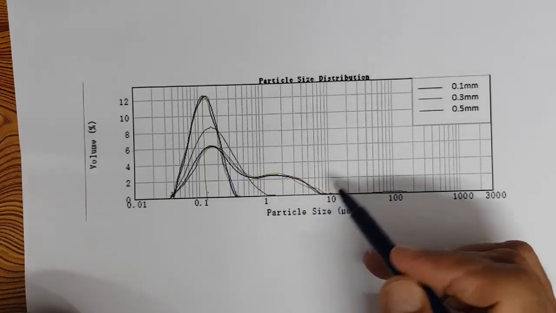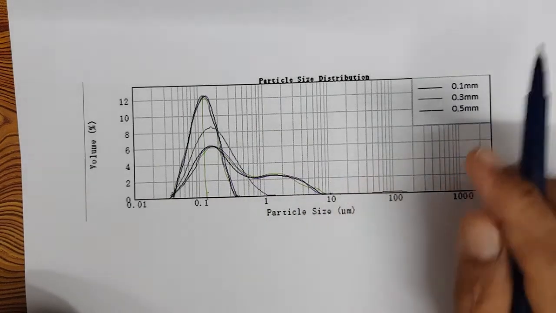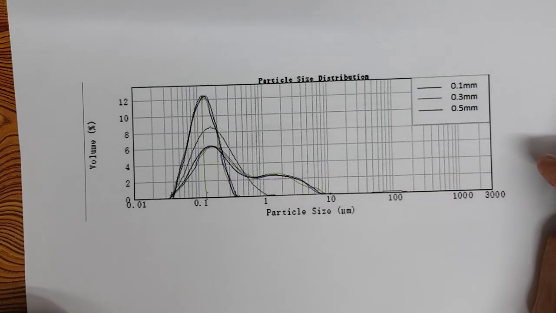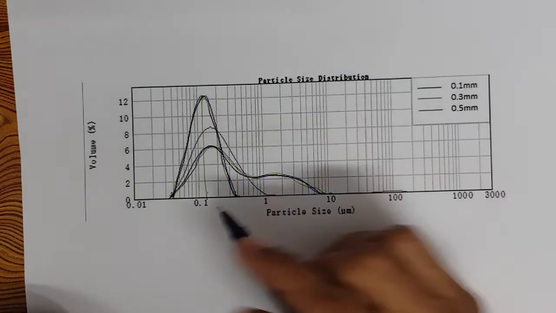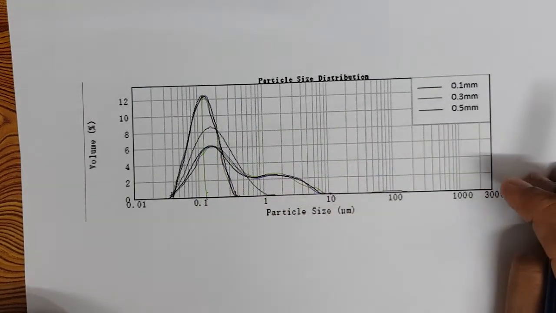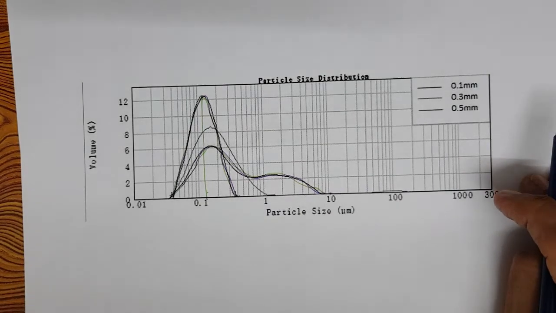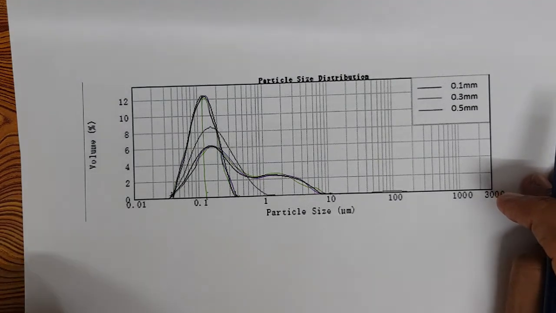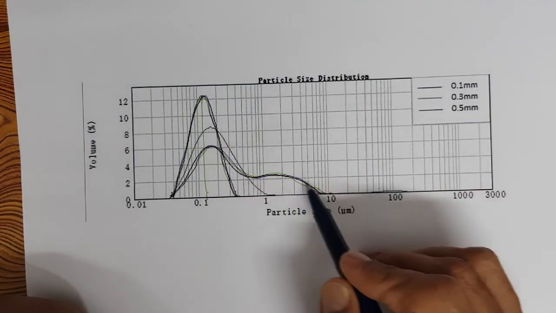For example, if it is an emulsion, a narrow range is very important. But if it is a mixture of powders, like a face powder, there can be different size particles, right? Iron oxide can be of a certain fineness, talc will be very fine, so there might be a distribution like this.